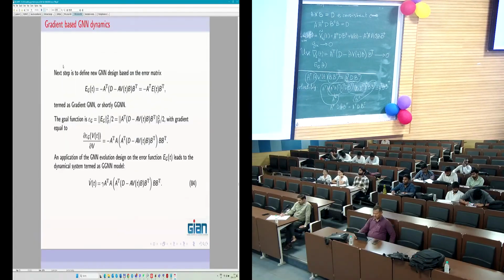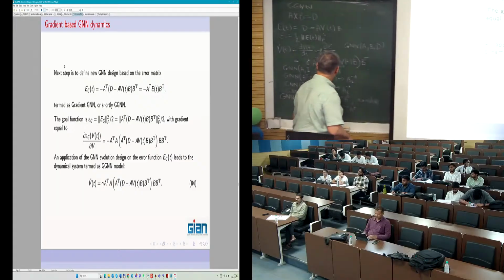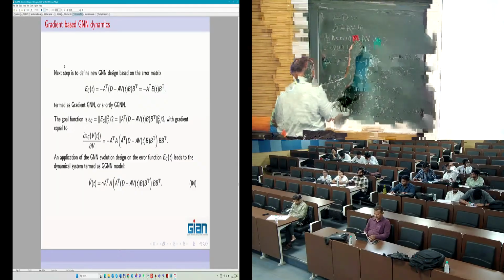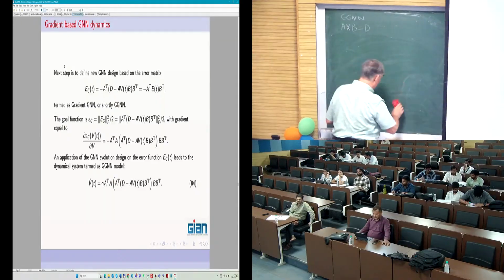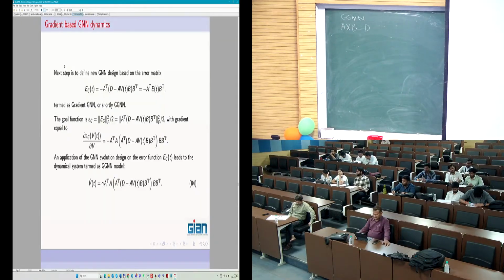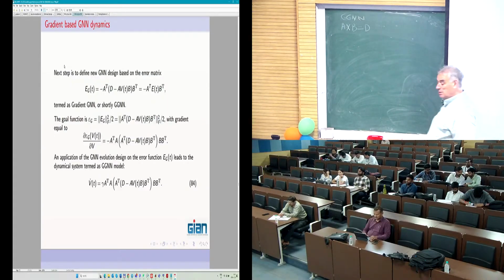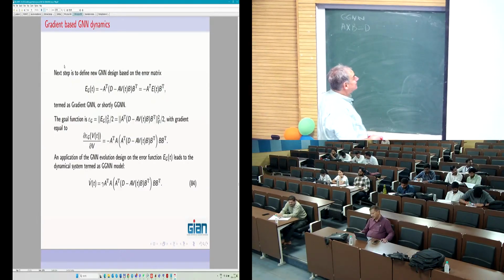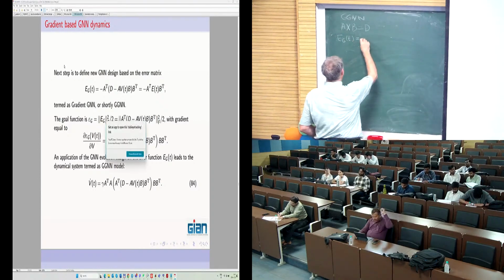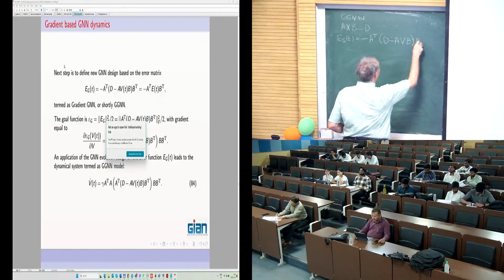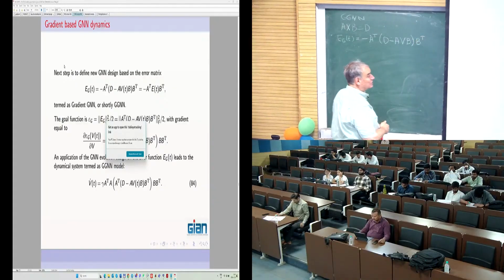We decided to proceed in defining it, which was possible to do. We will obtain the same result, and we have no conditions. The GNN motion is defined in the form minus A transpose B transpose.